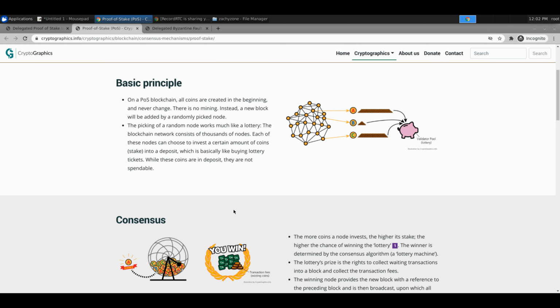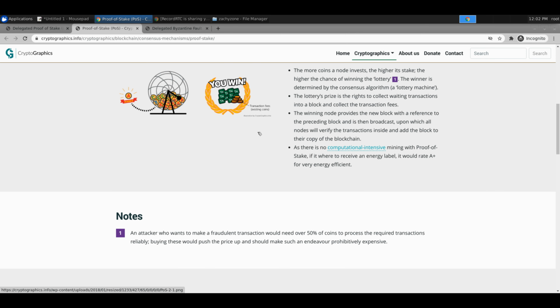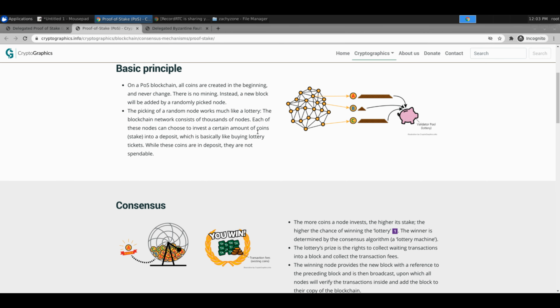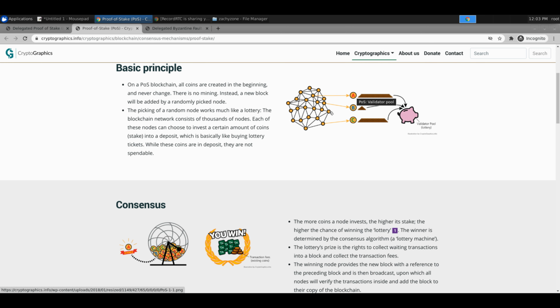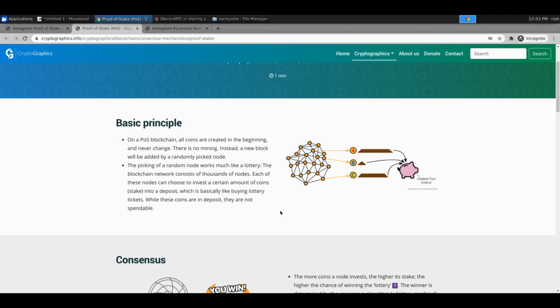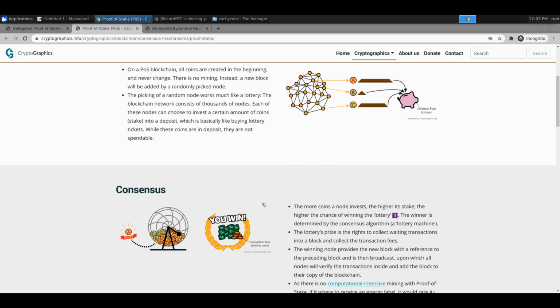But now we have a lot of proof of stake coins, so it's interesting how things change in the space as we go along. Again, we're not going to really get into it, but one of the things is it might be a little bit safer than proof of work in different terms. So there's pros and cons to each one.